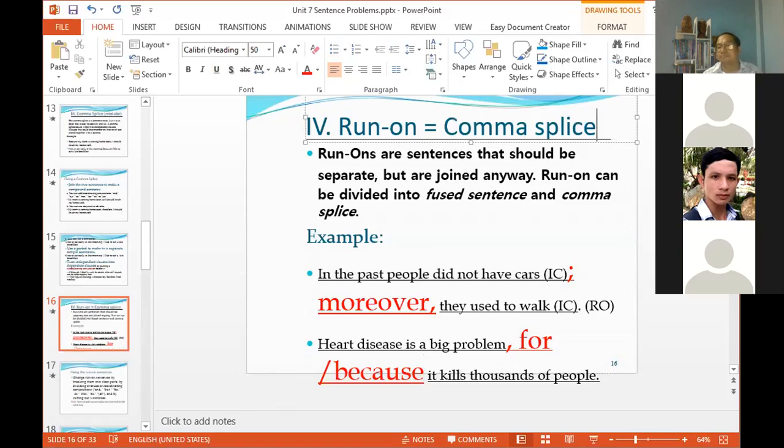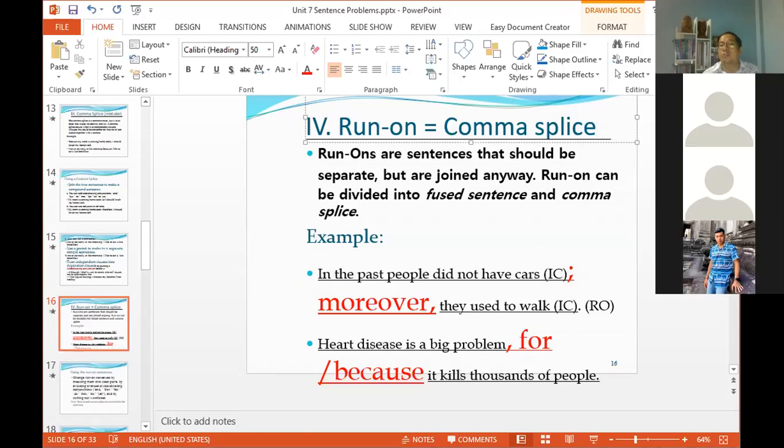They both have two sentences, and they are both wrong sentences. This is the first one. Second, they are corrected in the same way.